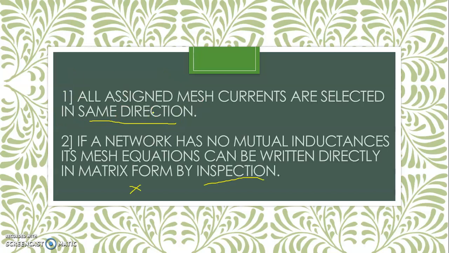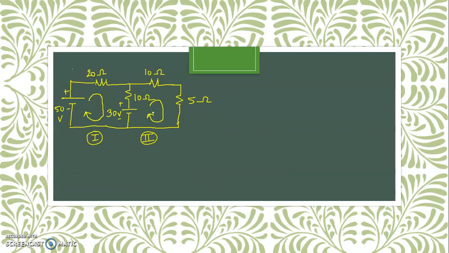We are following this: all assigned mesh currents are selected in the same direction. We are following this first point. So the selected loop currents or mesh currents have the same direction. Consider this as current I1, this as current I2. So we have to write the expression for both the loops.